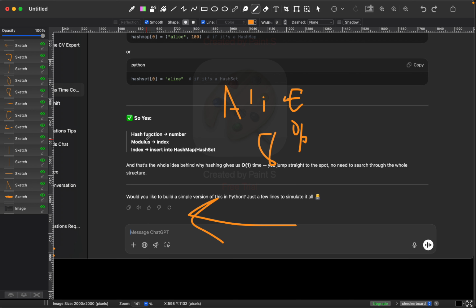In my own terms, my idea was that you just apply a key into it, and you get your number for the name Alice. But apparently they do some form of calculation that is mind-boggling. But at the end of the day, the concept is still the same: we are trying to retrieve a big number that represents Alice, and then we do a modulus and insert into the hash map. That's the whole key idea.